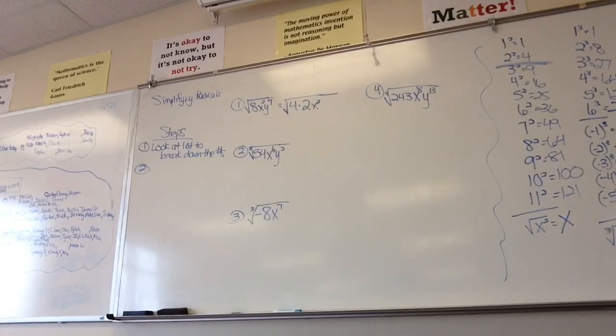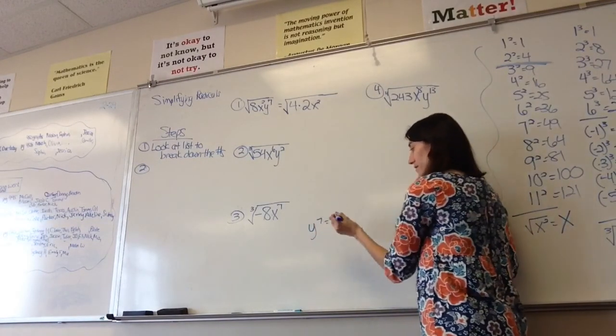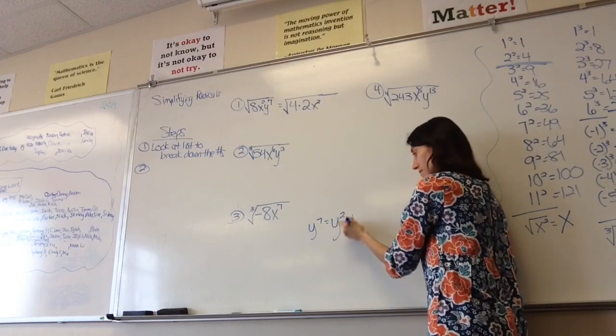So how do I get y to the 7th using y squared? Y squared times y squared and then y.